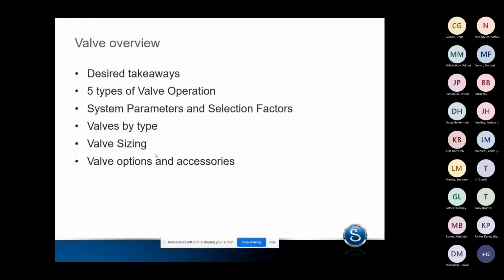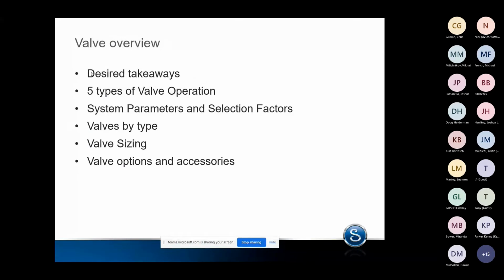So for this class, this is what the overview of the class is going to entail. If there's anything right up front that you want to make sure that we address, please let me know so that we can answer those questions. Outside of that, we're going to review the 5 different types of valve operation.